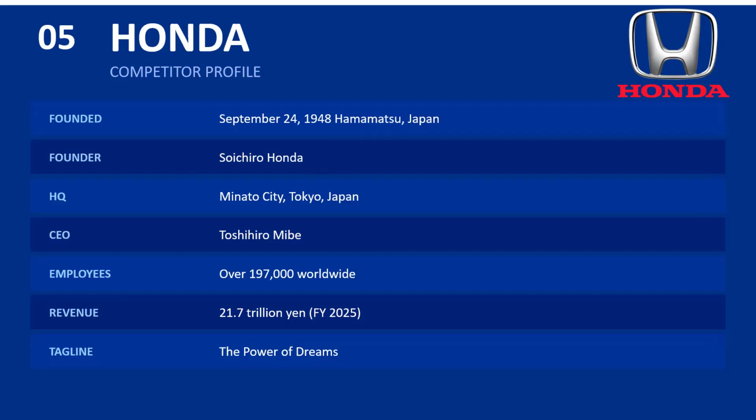Today, its headquarters are in Minato City, Tokyo, and Honda is led by its CEO, Toshihiro Mibe, and employs over 197,000 people worldwide.